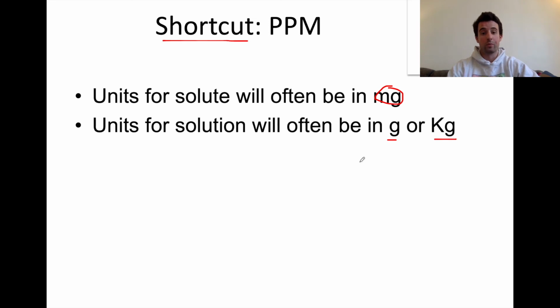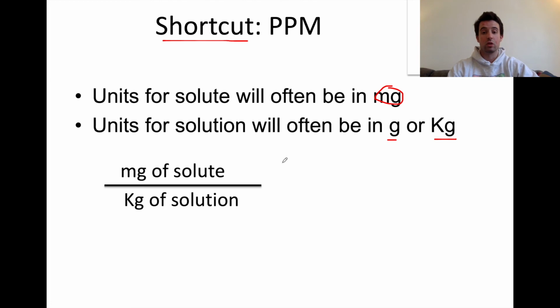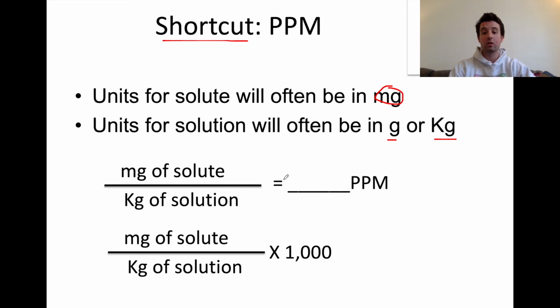So if you take milligrams of solute and you divide it by kilograms of solution, that gets you ppm. It just works, right? If you want to find milligrams of solute divided by kilograms of solution and then multiply that by 1,000, you get parts per billion right away.